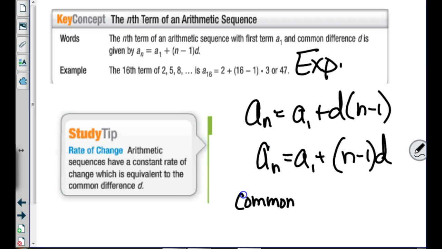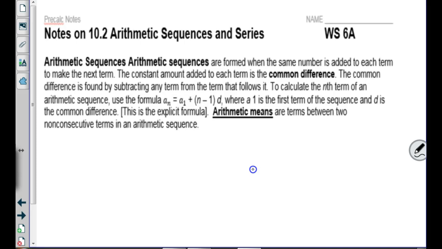Yes, it's the common difference. N is the term number. A sub 1 is the first term. A sub n then, if n is 6, would be a sub 6, or the 6th term that we're finding. We good?